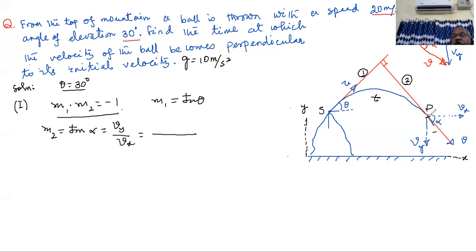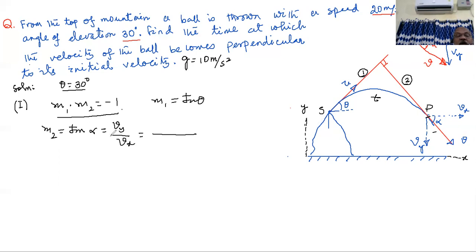Horizontal velocity never changes. We do know that horizontal acceleration is nil. There is no horizontal force to change the horizontal velocity of the projectile.